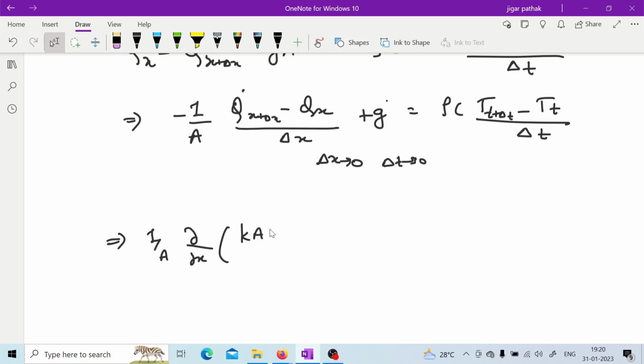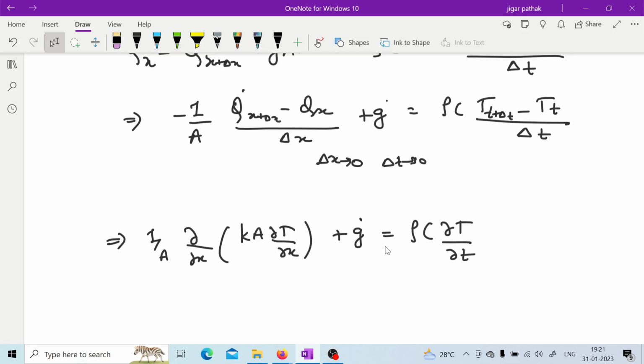I am directly putting it here, as we have seen that heat conduction is given by KA dT by dx. So this is how you can have your differential equation of heat transfer in 1D for this plane wall, right?